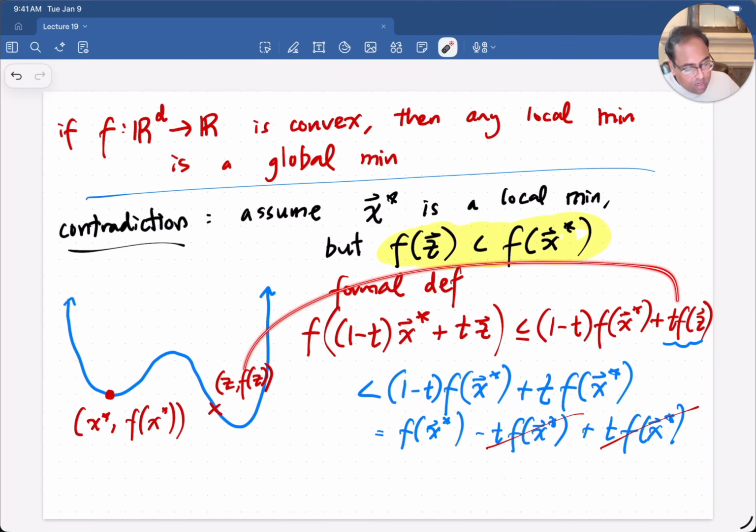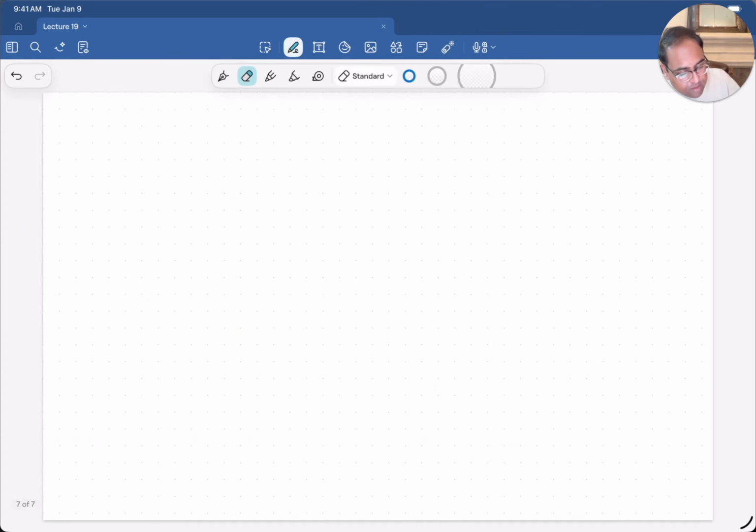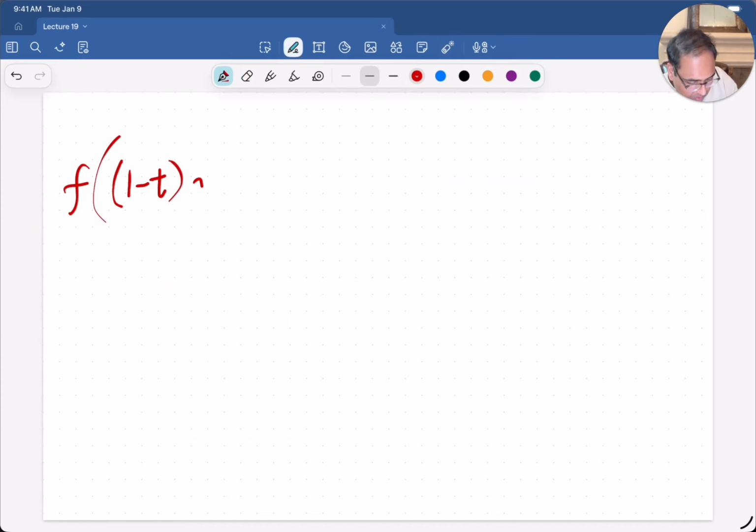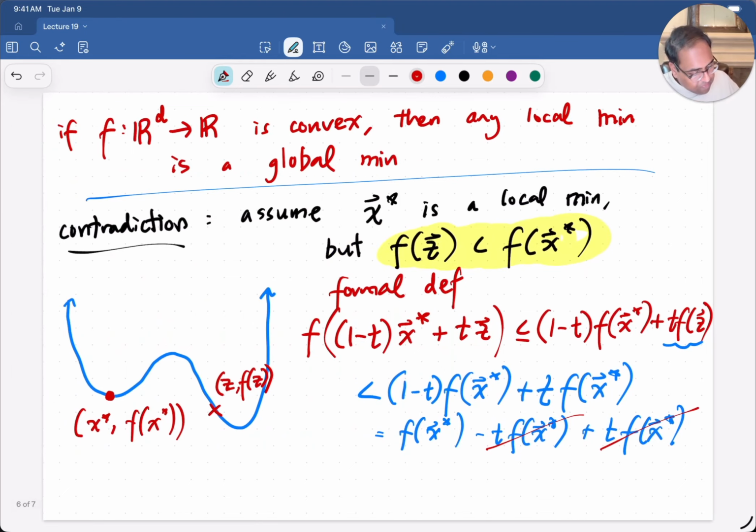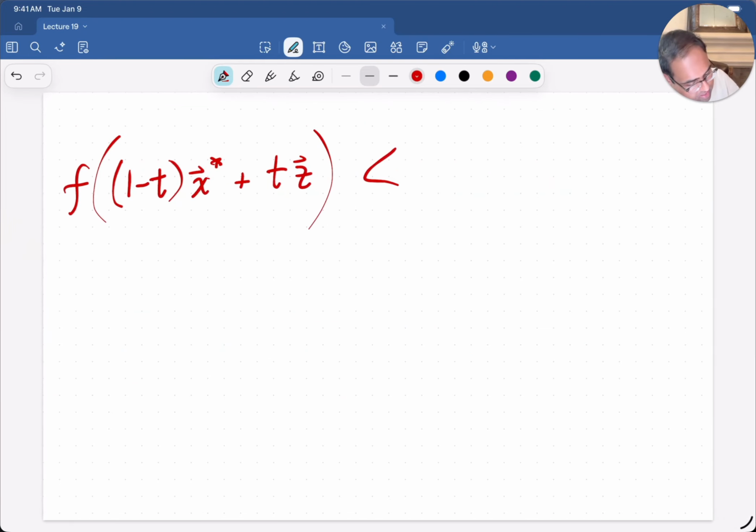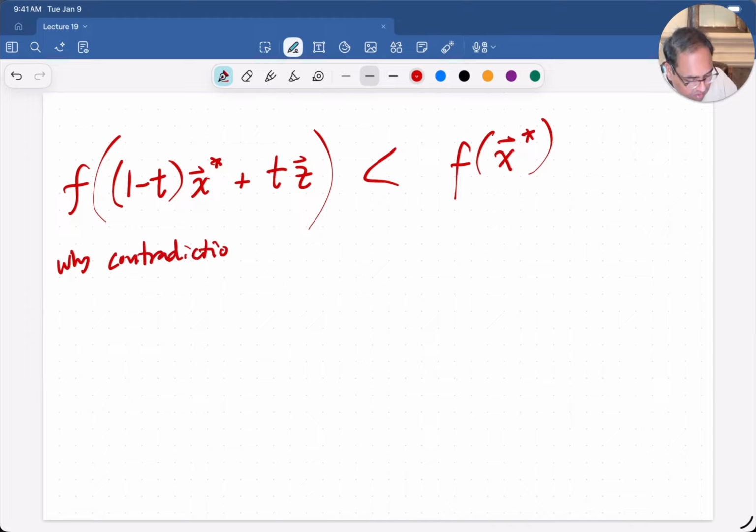The conclusion from this slide was that f of (1 minus t) x star plus t z is strictly less than f of x star. Why is this a contradiction? That part may not be immediately obvious.